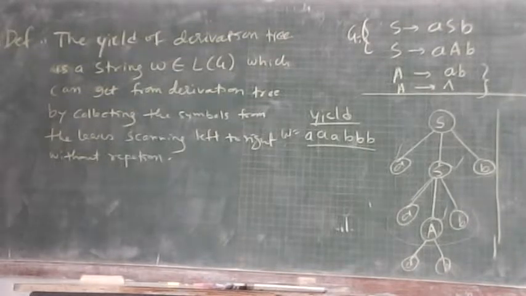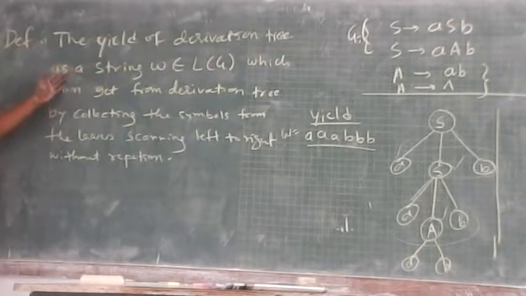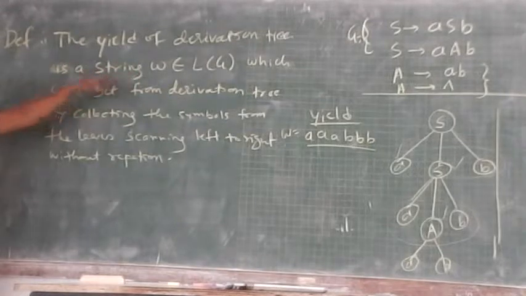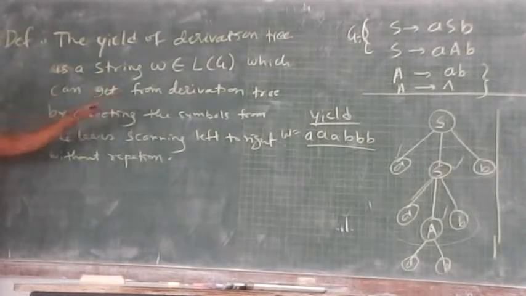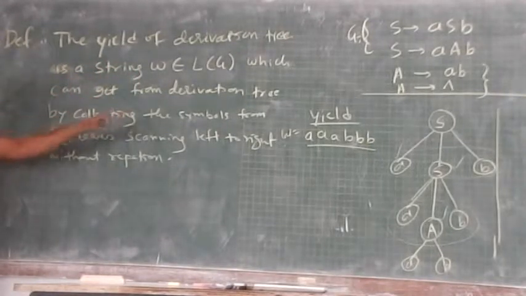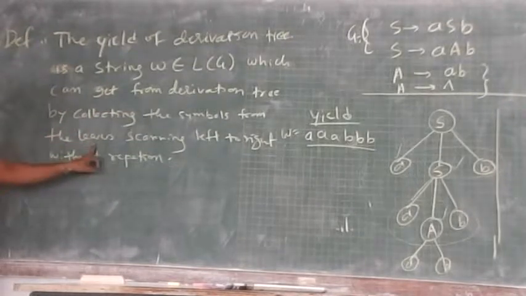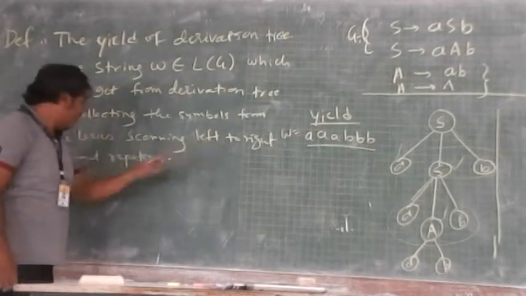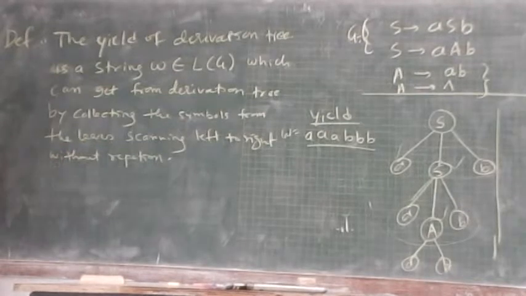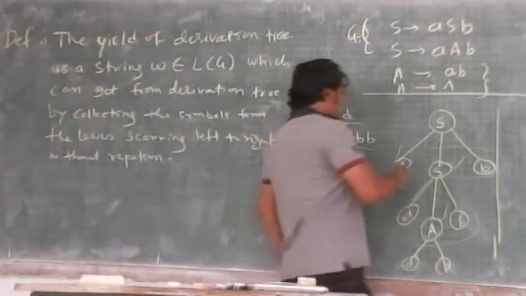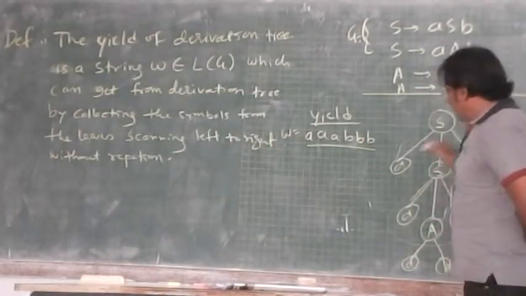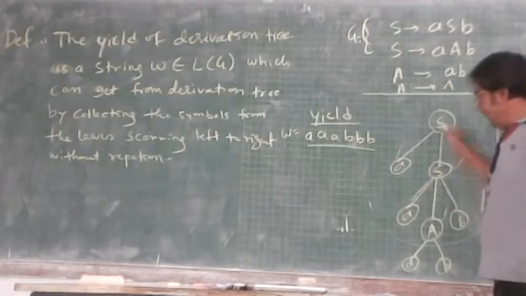So read it carefully. The yield of a derivation tree is a string W which can be got from the derivation tree by collecting the symbols from the leaves, scanning left to right without repetition. So from a derivation tree you can have the yield of that string.